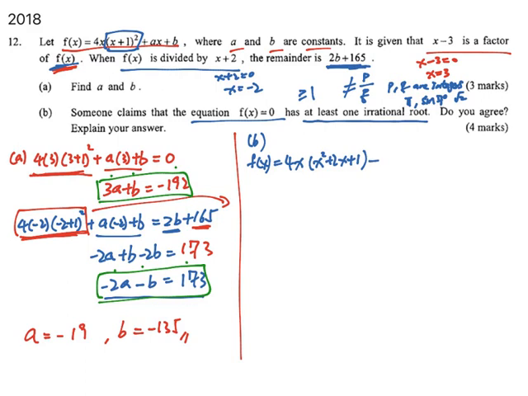Plus negative 19x minus 135 equals 0. So we do the expansion: 4x cubed, and then 8x squared, and then 4x, and with this one, it's negative 15x minus 135 equals 0. So this is a polynomial. Then we can use the short division.